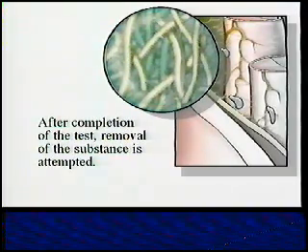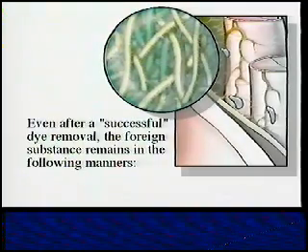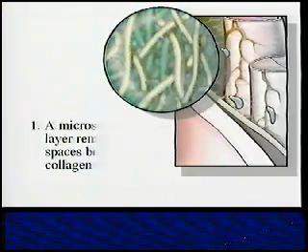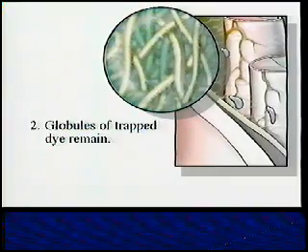Following oil myelography, typically, attempts are made to remove this substance. But even after what is referred to as a successful dye removal, there is significant residual dye material trapped in the interstices of the subarachnoid space.